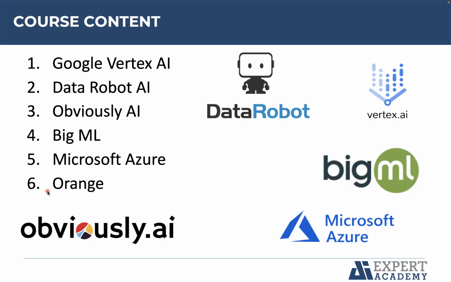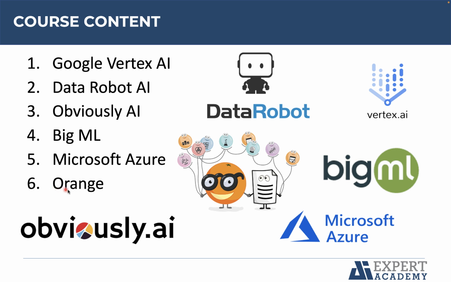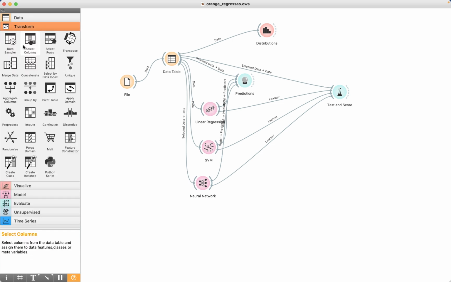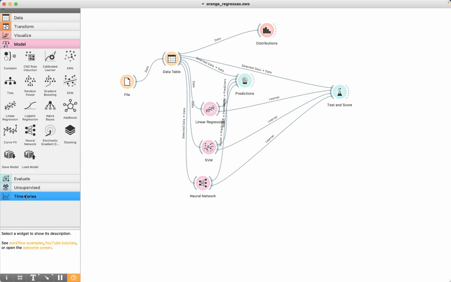In the last section of the course, you are going to learn about Orange Tool. It is quite similar to Microsoft Azure Designer because you need just to drag and drop the components in order to make the experiments and get the results.